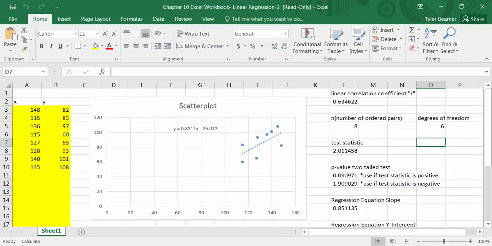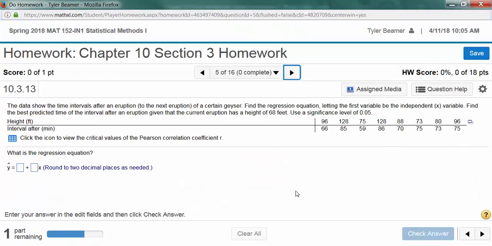Okay, so let's use one of our homework problems as kind of our guide. So here is data on intervals after an eruption of a geyser. So you're given height, and then essentially time between eruptions, and it says find the regression equation.